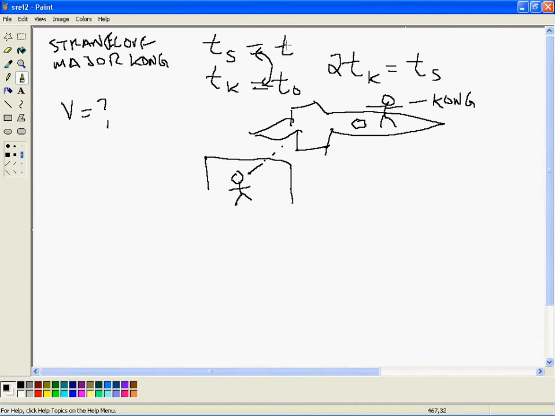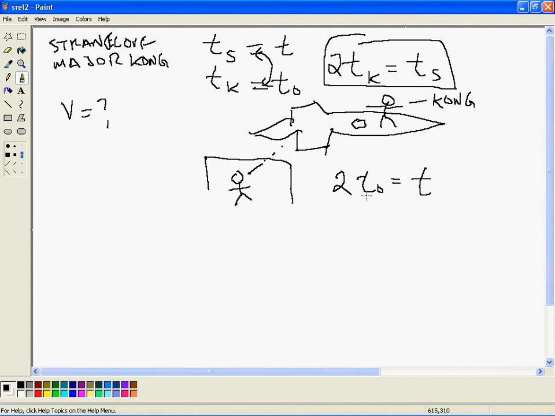Therefore, taking this equation and rewriting it, we would say 2 times TK, which is T naught, is equal to TS, which is T. Now this becomes a lot easier to deal with.